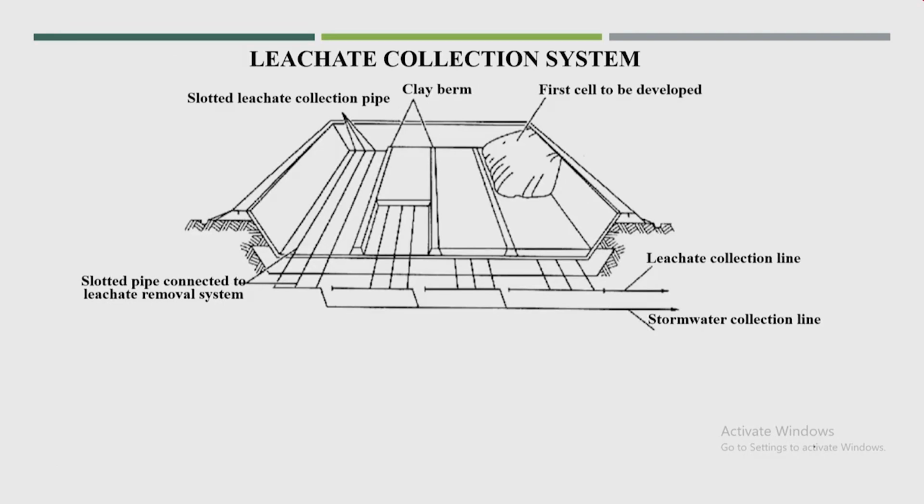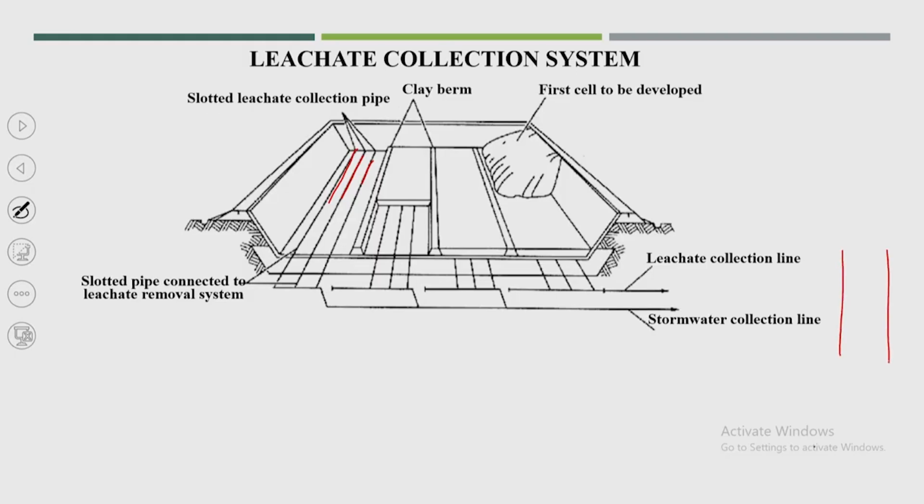So, in the leachate collection system, you can see here, this is the entire excavation. Okay. Now, these are the slotted leachate collection pipes. These are perforated. Normally, you will see the perforations like this.